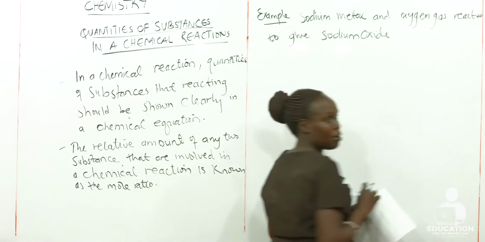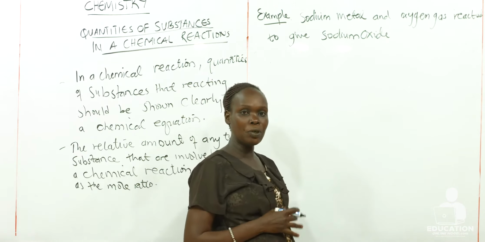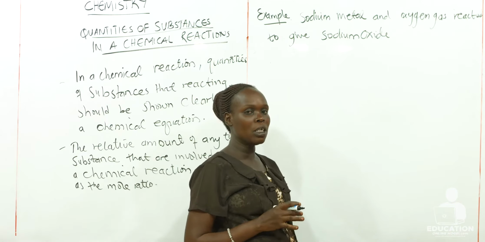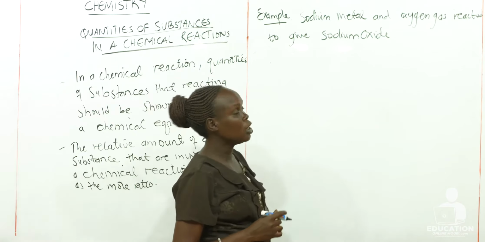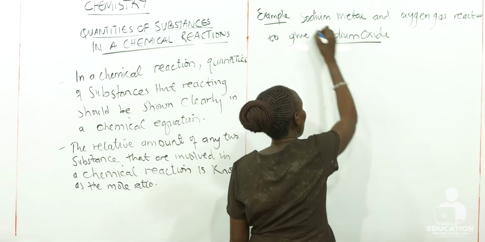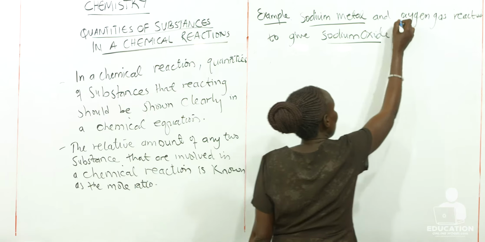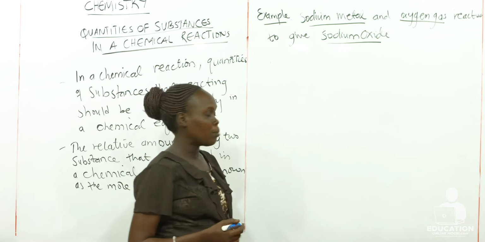So in this case, we say that this is a reaction between a metal, which is sodium, and a gas, which is oxygen. The product is sodium oxide, and the reactants are oxygen and sodium.